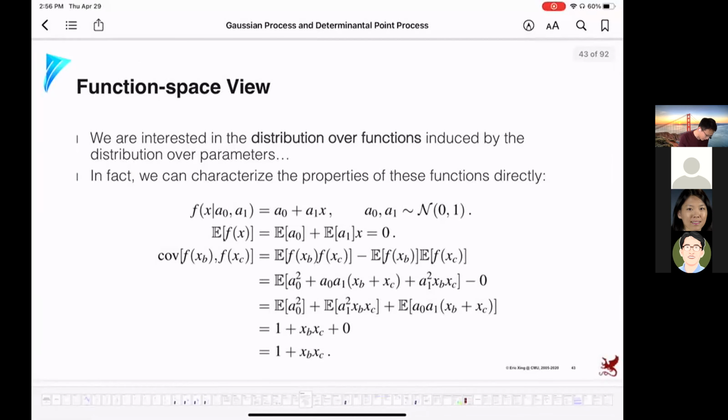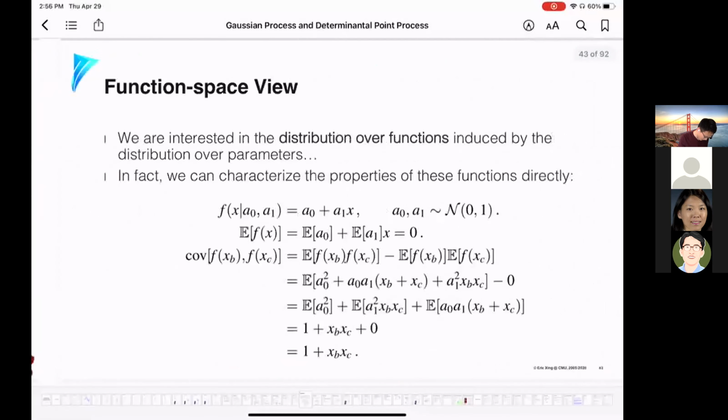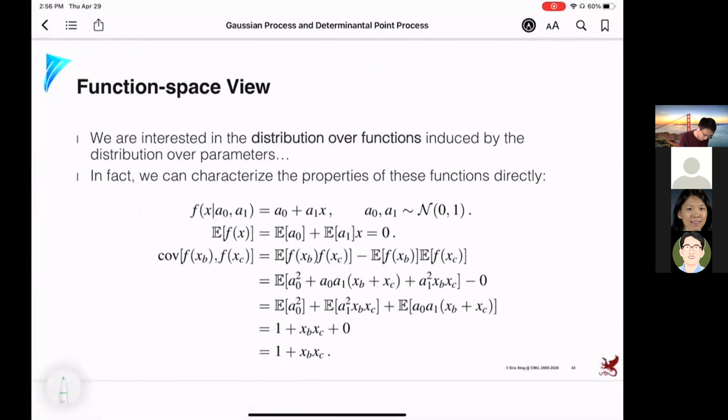Probably I was going a little bit too fast, but I think this slide is enough. We have enough content here. We have two parameters which are Gaussian distributed, and then we have one f(x) formed by these two parameters and the input x, and we know f is also Gaussian distributed, because it's a0 plus a1 times x.